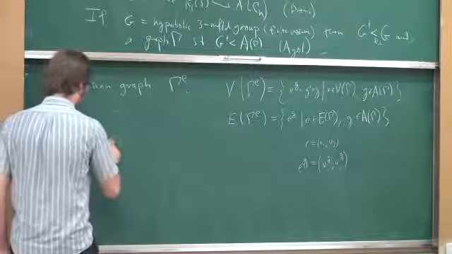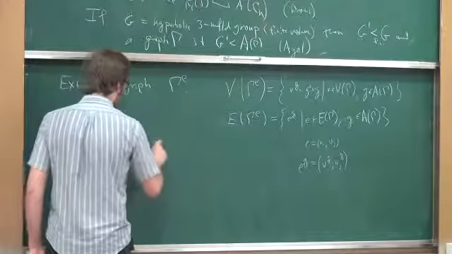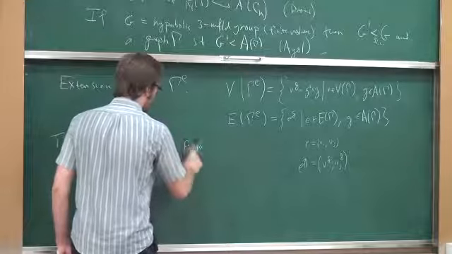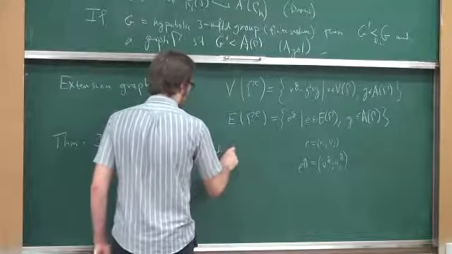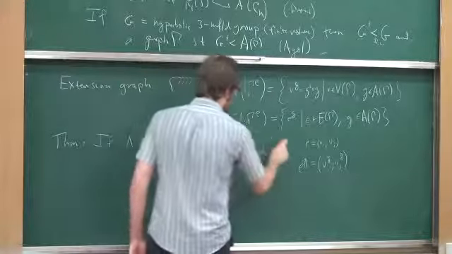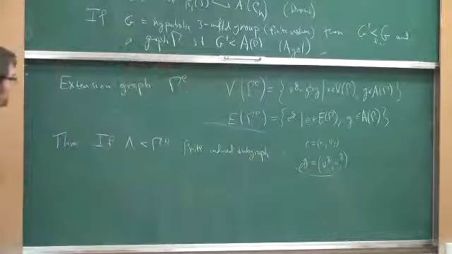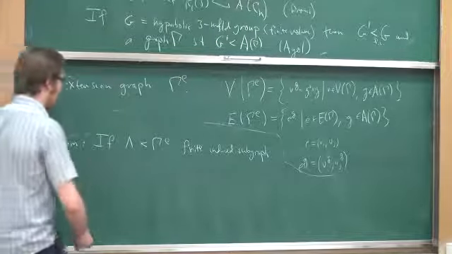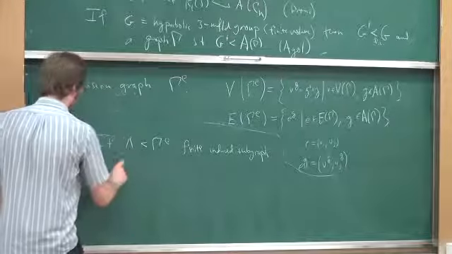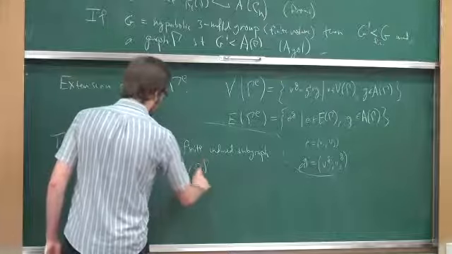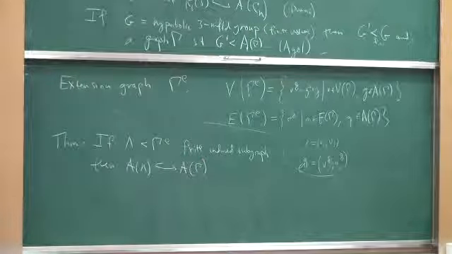So if lambda sits inside of gamma^e, a finite induced subgraph, where by induced I mean I take the vertices that lie in lambda and I have to include all edges that are included in gamma^e, then A of lambda embeds in A of gamma as a subgroup.